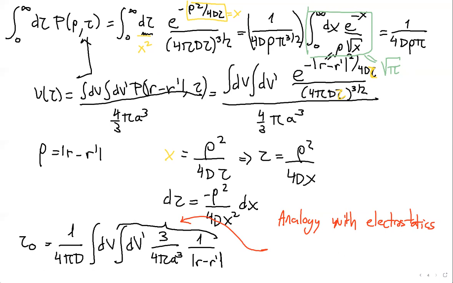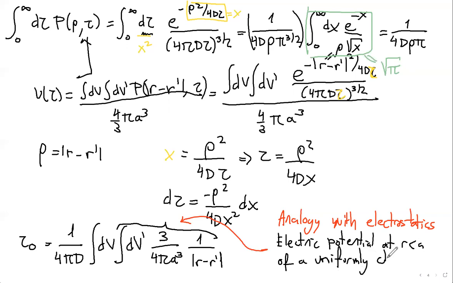Let me write it. It is related to the electric potential at r smaller than a of a uniformly charged sphere. Okay. I won't make this too long, but I just want to tell you that this integral, all this is equal, you see that I am integrating over r prime.